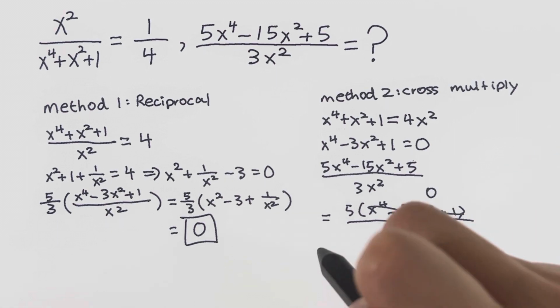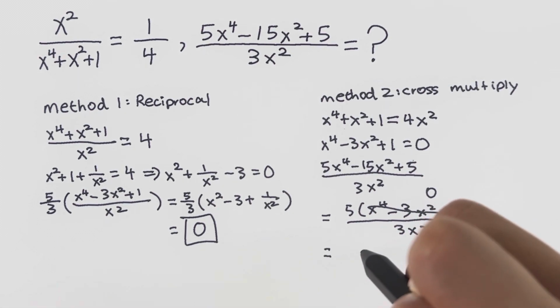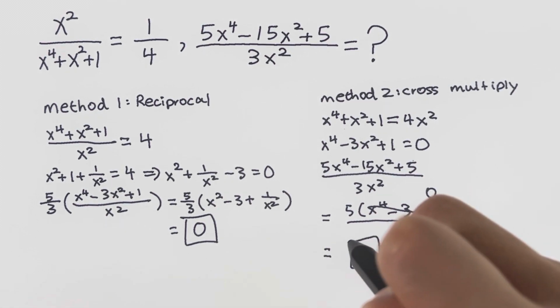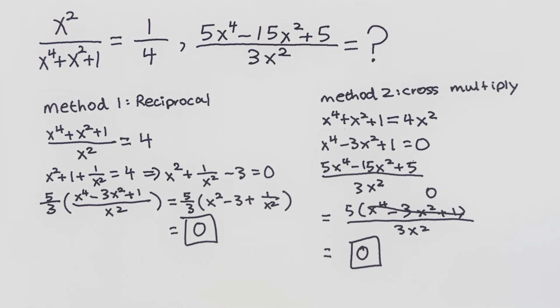So this equals 0. So that means that the entire fraction will equal 0. And that is how you solve this problem using reciprocals and cross multiplication.